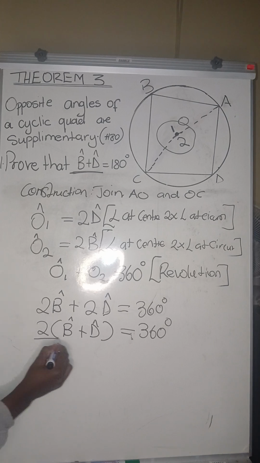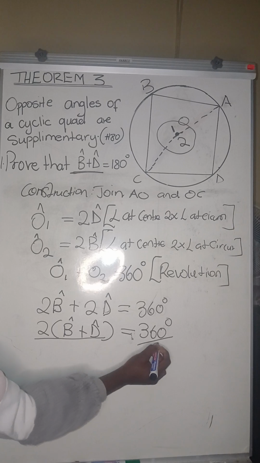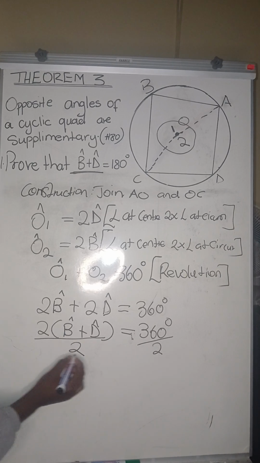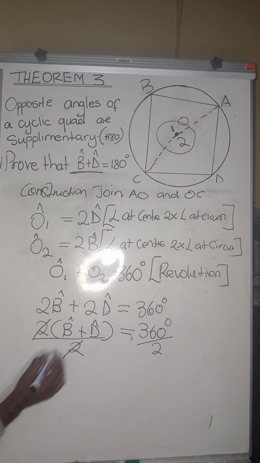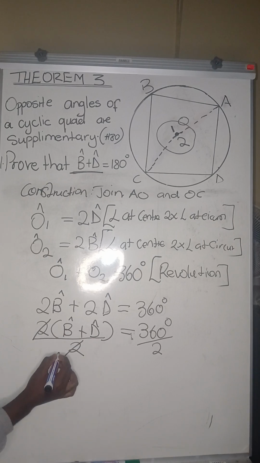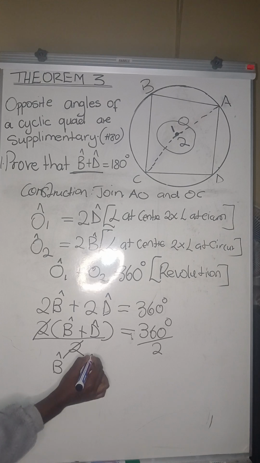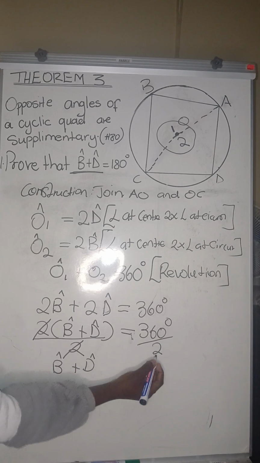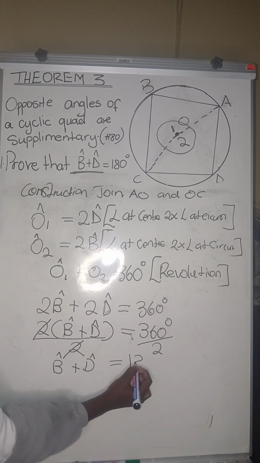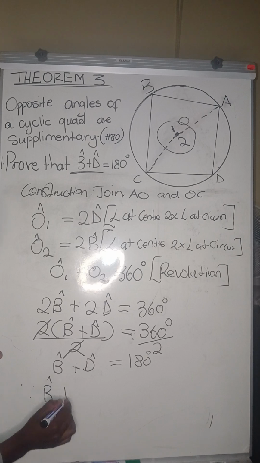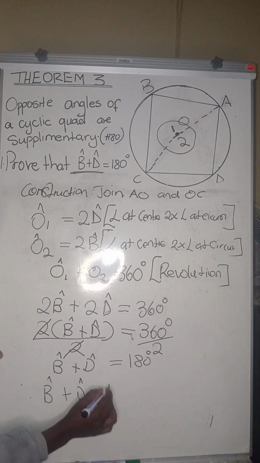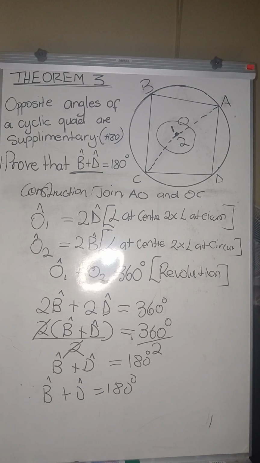So we divide in order to get rid of that 2. The 2s cancel each other, and we are left with B plus D. And what is 360 divided by 2? It's 180. Therefore B plus D is equal to 180. We have proven, we are done.